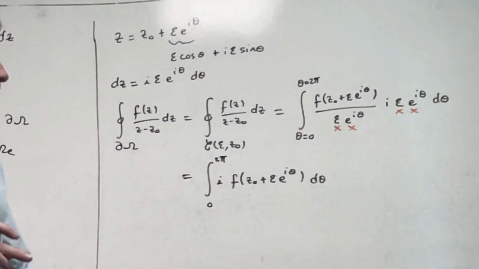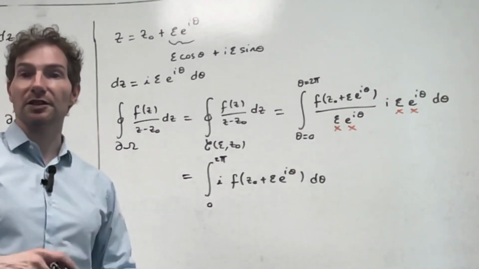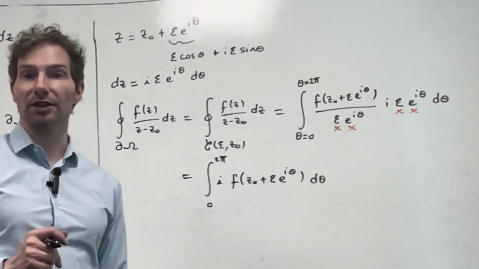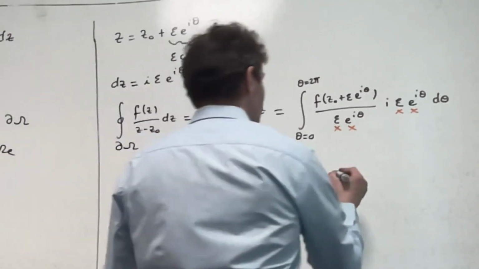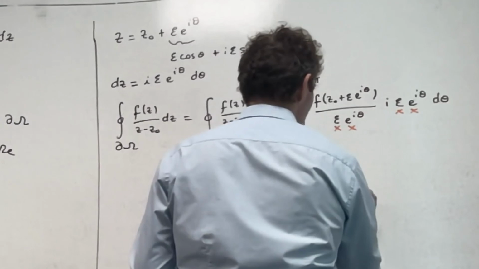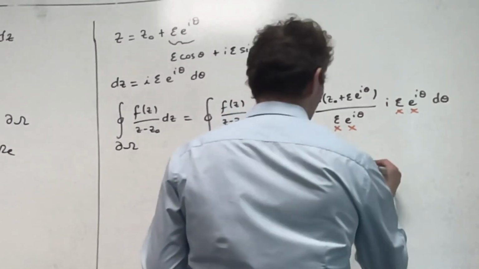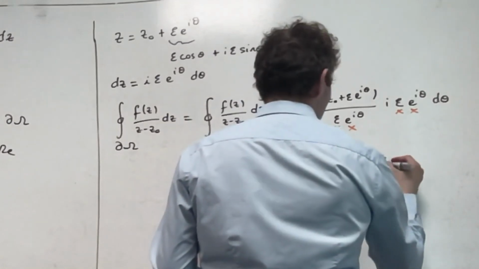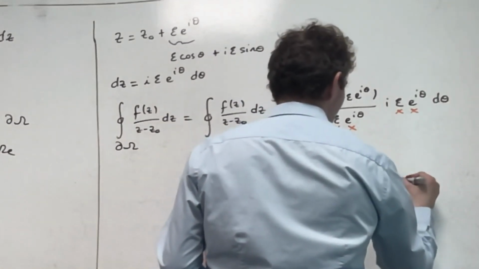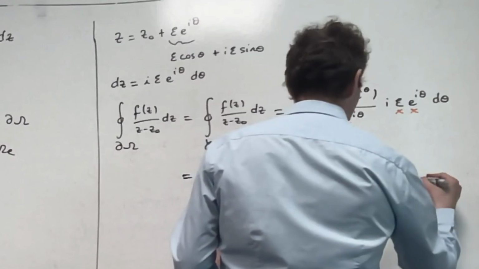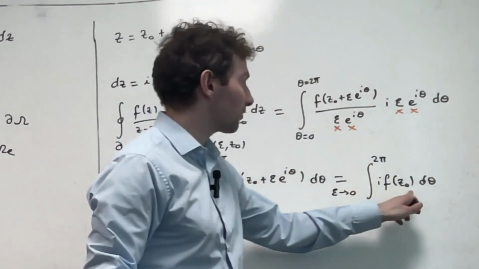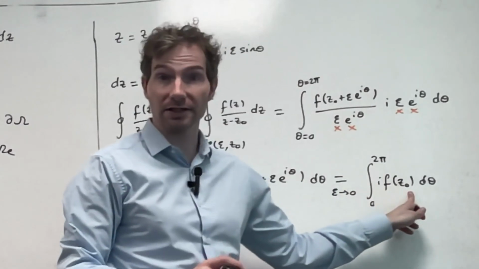And now what I do, that's the last thing to be done, is I need to take the limit when epsilon tends to 0. So this is equal to, when epsilon tends to 0, the integral from 0 to 2 pi, I f of z0, and then d theta. So we see here that we've got I times f of z0.